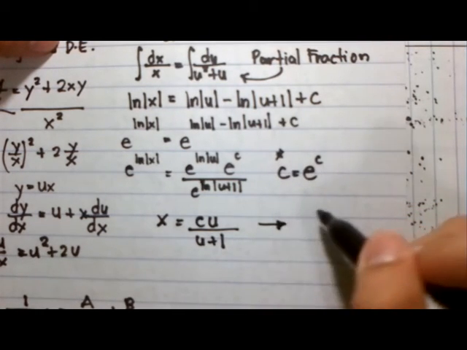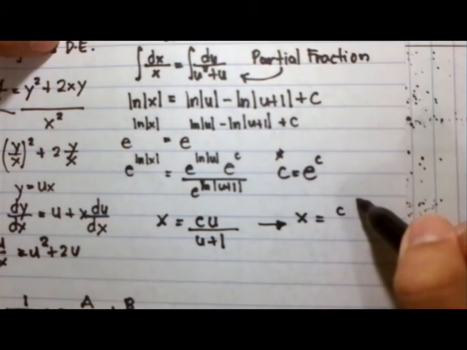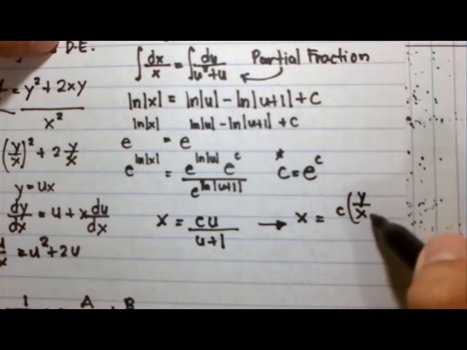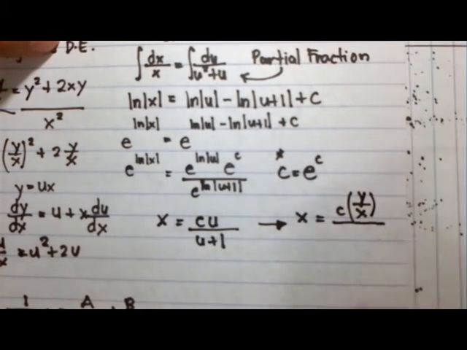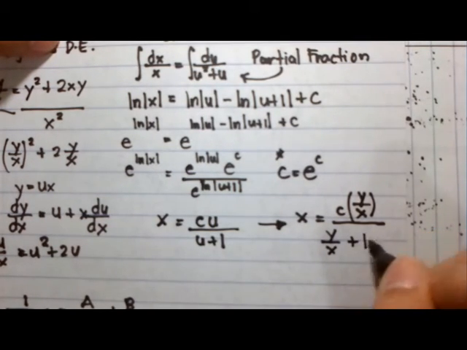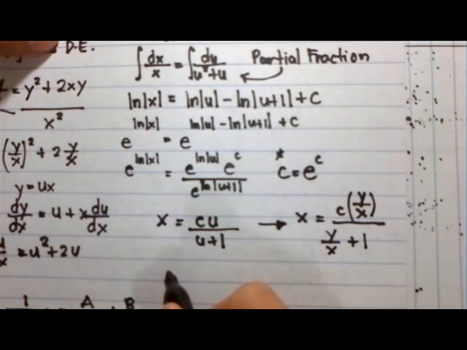Since u is equal to y over x, we will now have changed all the u's into y over x. And we will get x equal to c times (y over x) over (y over x plus 1). To simplify our solution, we multiply both sides by (y over x plus 1).